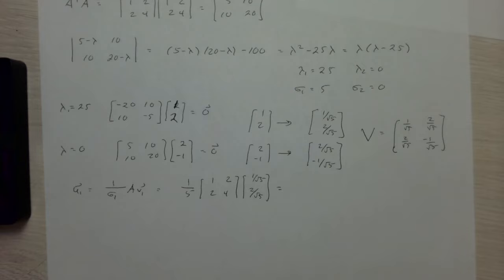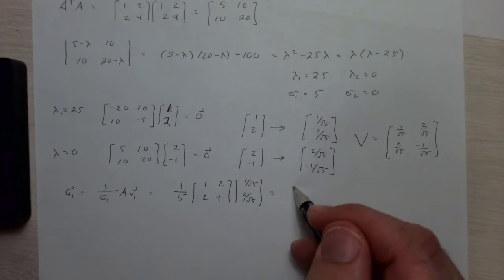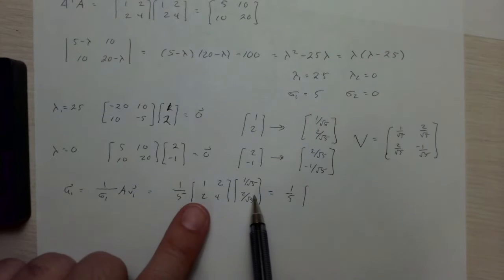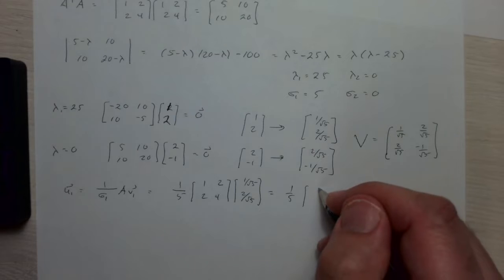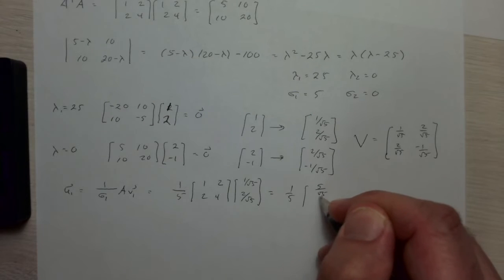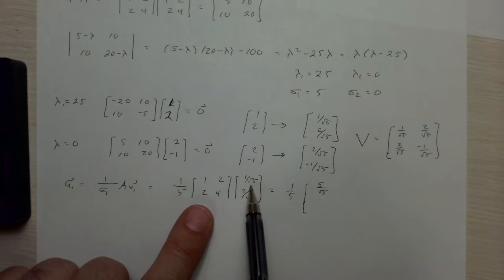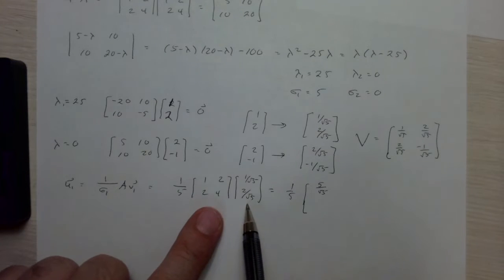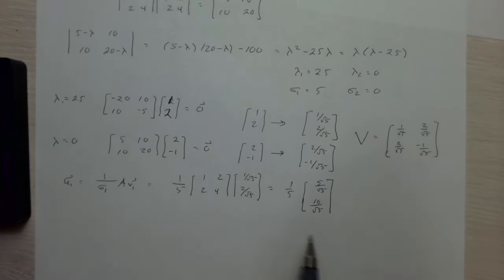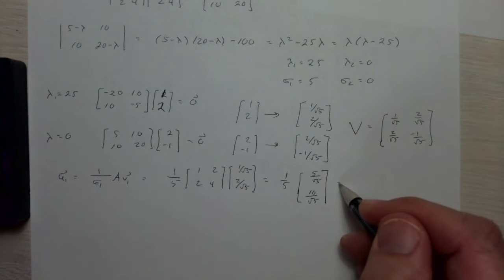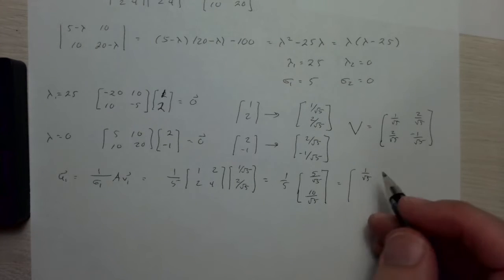We get 1/5 times 1 over square root of 5 plus 4 over square root of 5, that's 5 over square root of 5, and 2 over square root 5 plus 8 over square root 5, that's 10 over square root 5. When we multiply this by 1/5, this just becomes 1 over square root 5, and 2 over square root 5.